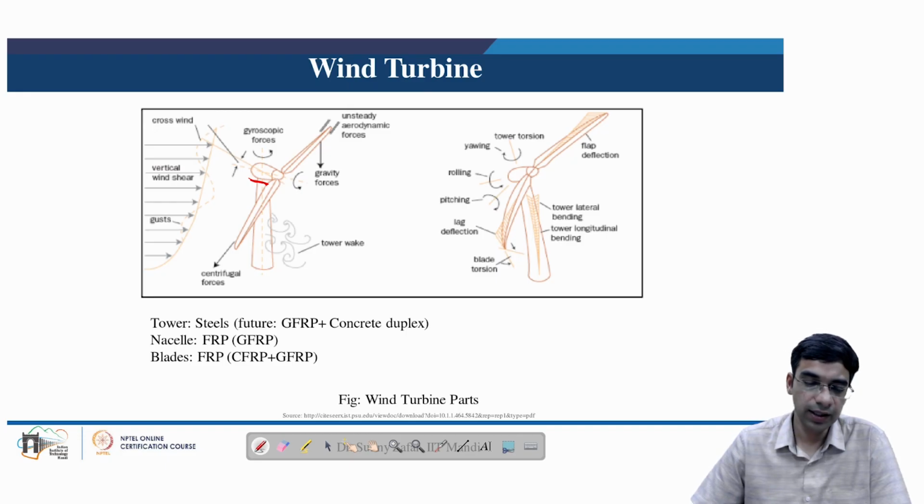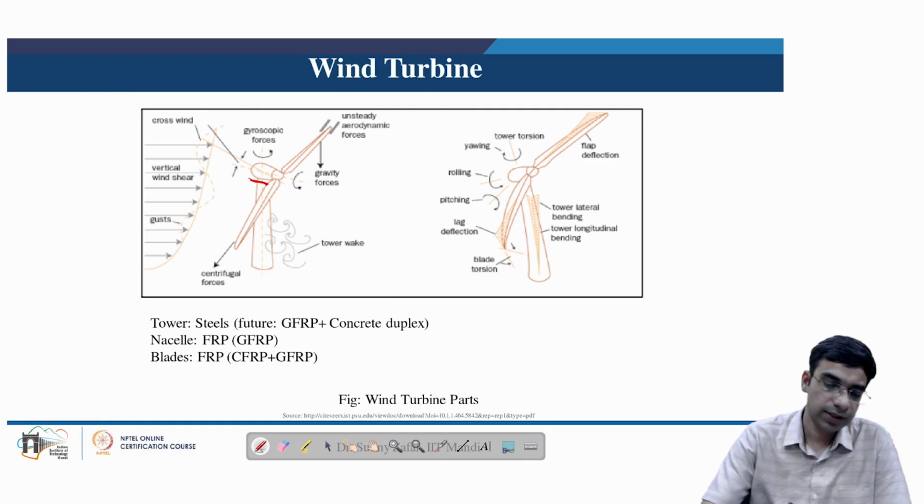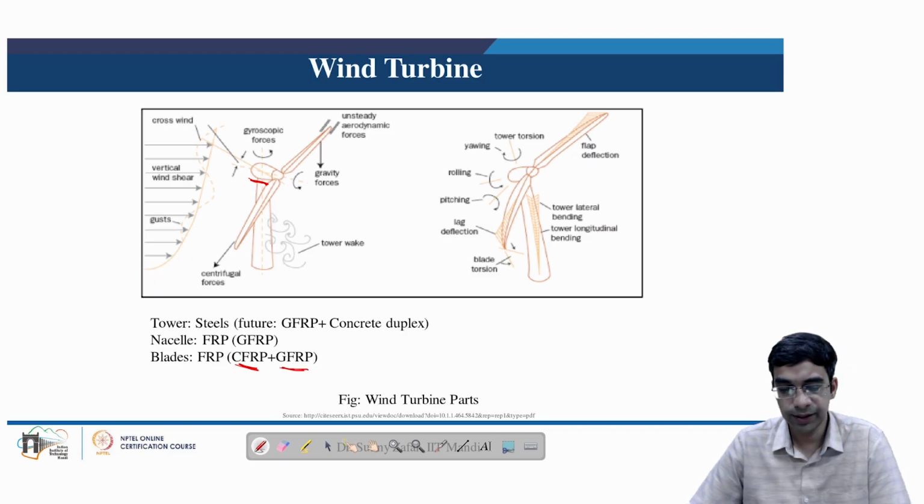Specifically, glass fiber reinforced plastics are used here. The blades are also made up of fiber reinforced plastics, but because of their large size, it is a combination of carbon fiber reinforced plastic, that is CFRP, and glass fiber reinforced plastic which is used to make the blades.